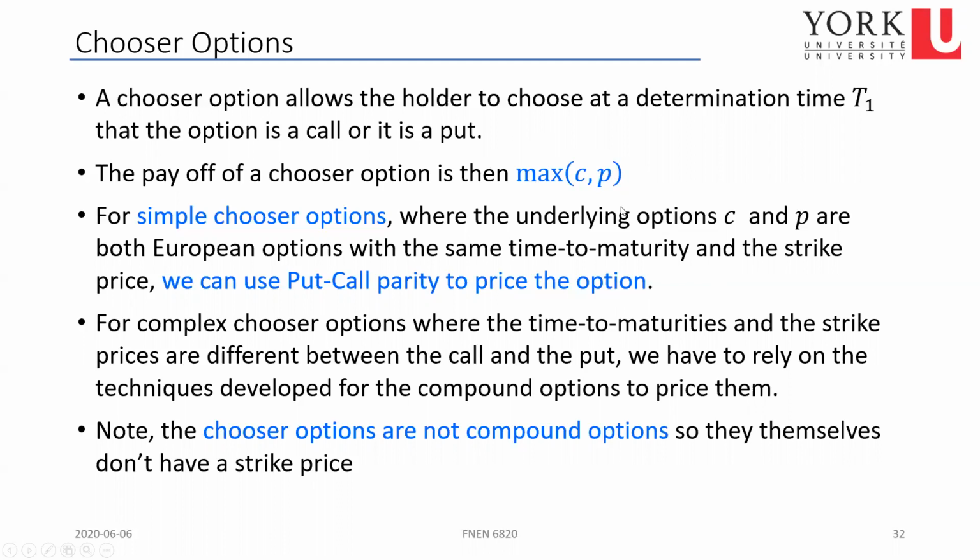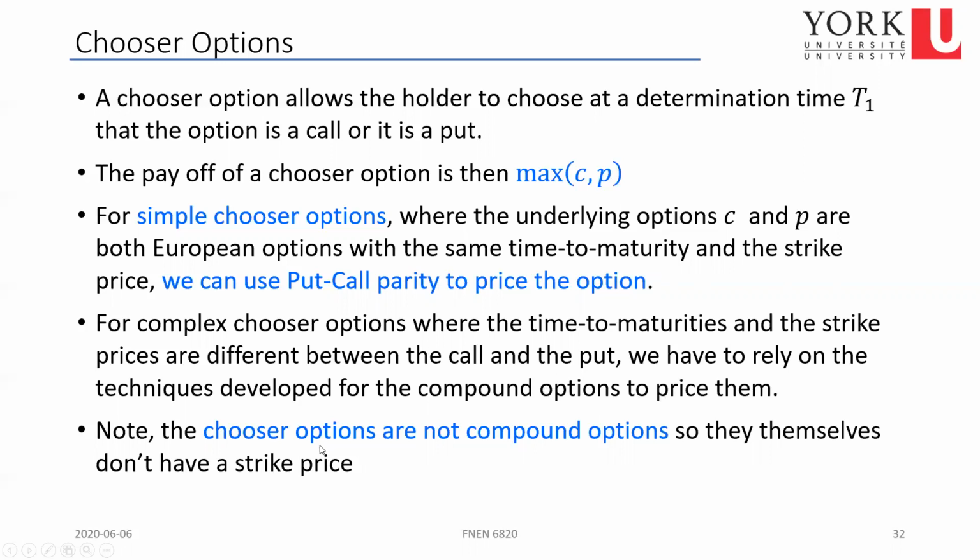If the case is not that simple, and the time to maturity or the strikes of the call and the put are different, then we can still price it. We'll go through an integration, like what we have seen earlier for the compound options, and through that we can still price them.